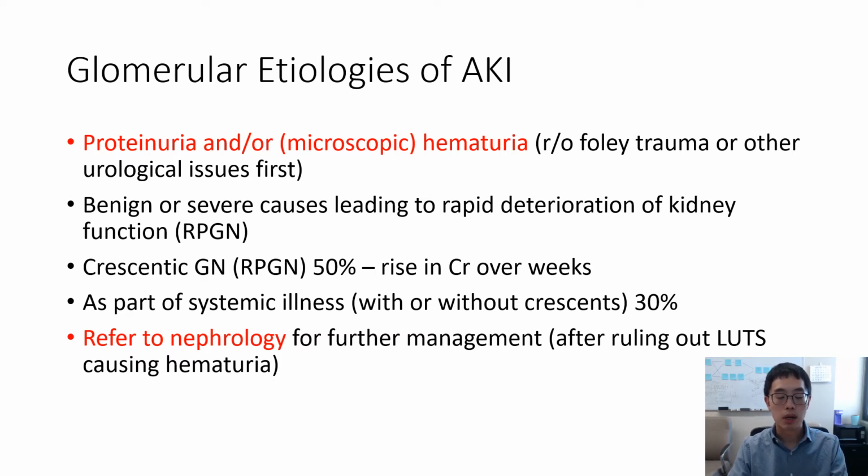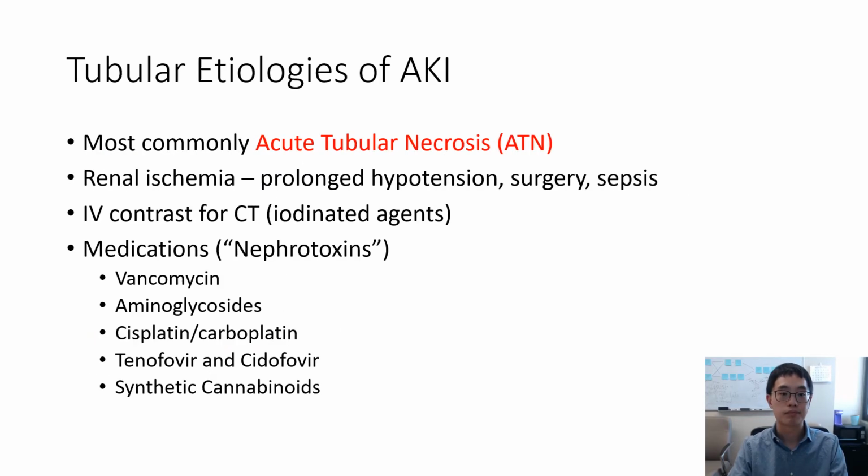These can be intrinsic damage to the kidneys, or they can be part of some sort of systemic illness, for example, lupus or pulmonary renal manifestations. Again, if you're seeing some sort of systemic illness, an acute kidney injury on top of that, and you have proteinuria and hematuria, give us a call and we'll be happy to help with further management. These are complicated cases. We want to make sure that we treat them accordingly.